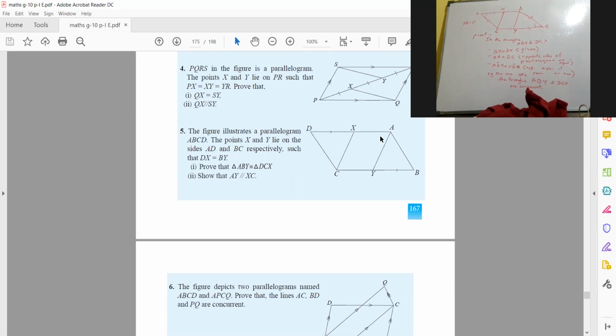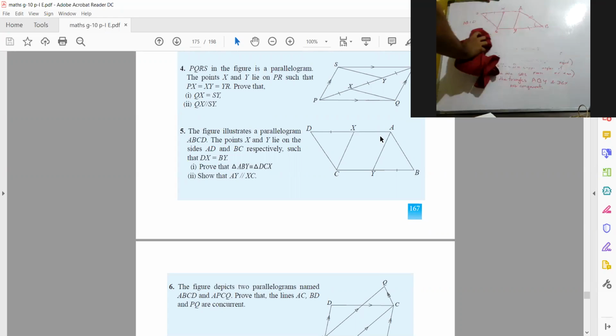Okay, I'll do the next part. I will erase this.